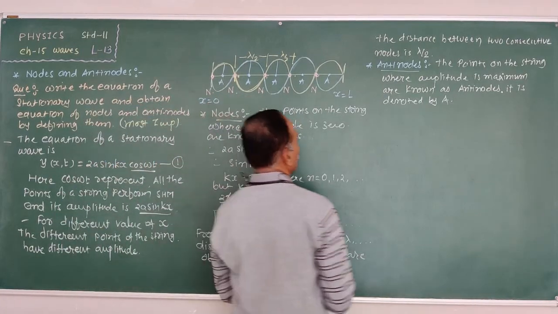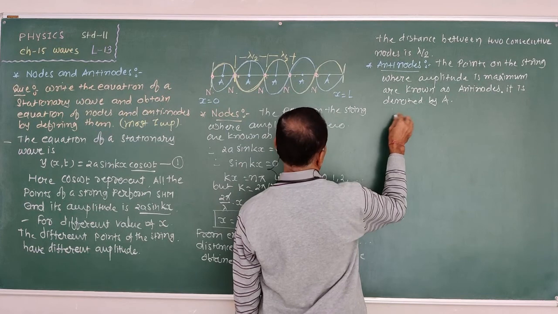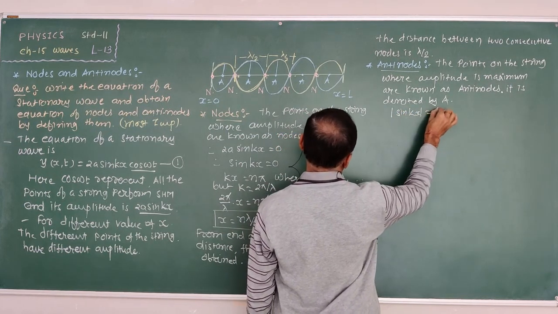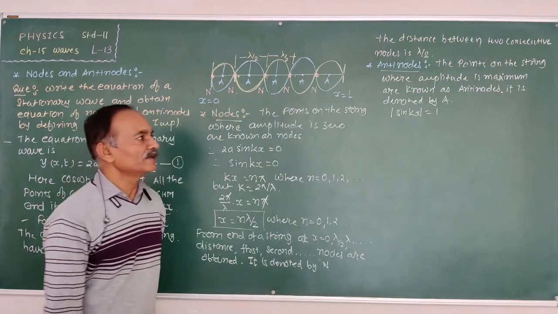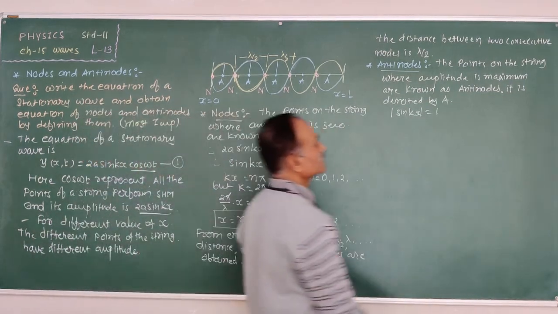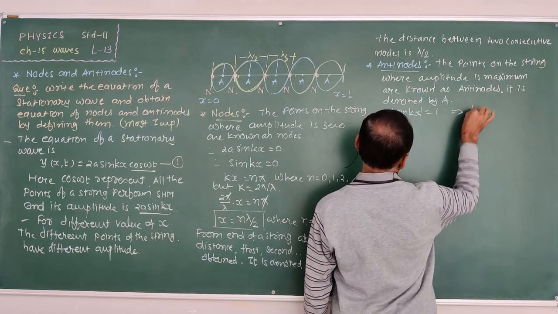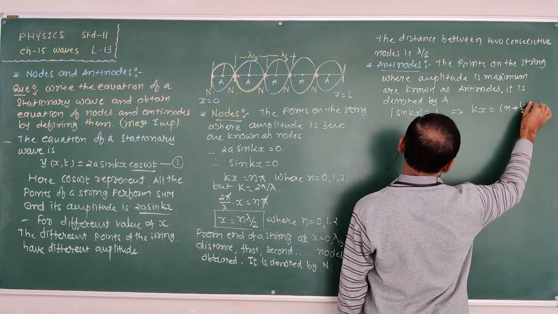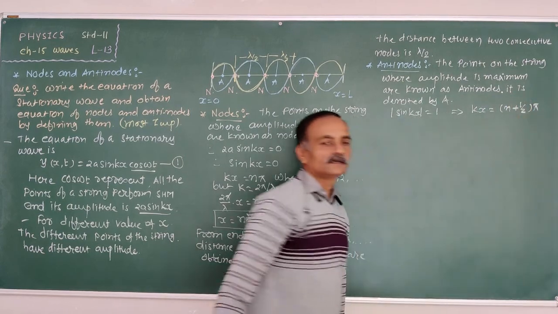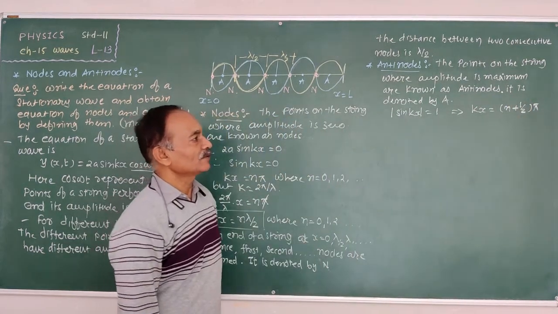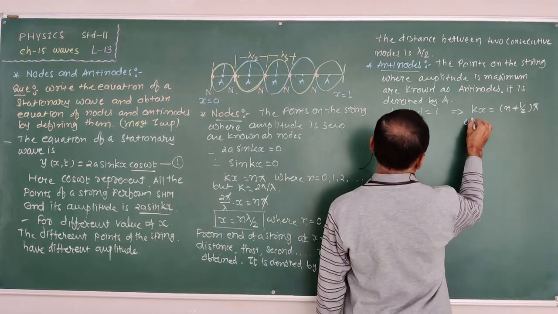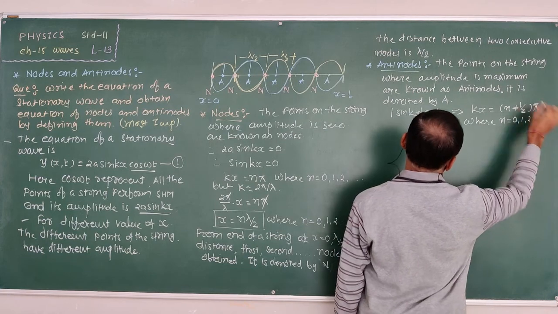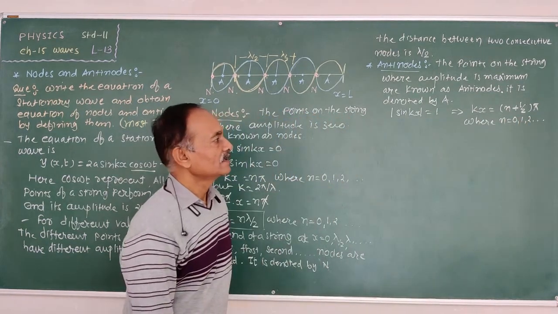Therefore, the modulus of sin kx has its maximum value of the sine as 1. Therefore, we can write kx is equal to n plus 1 by 2 times pi, where n is equal to 0, 1, 2, and so on.